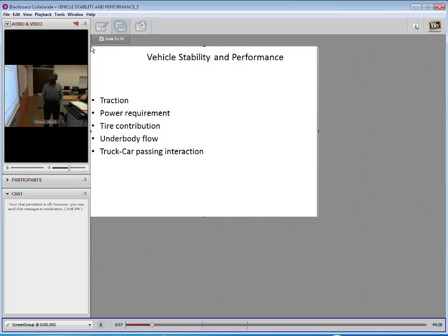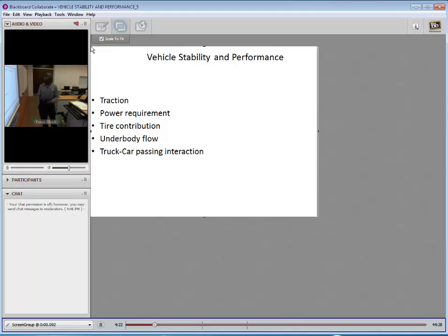As we've said, we'll look at power requirements, tire contribution to vehicle stability and performance, underbody flow. Underbody flow, as you'll see eventually, especially when we look at severe service vehicles, will become a very important aspect to consider in the design.